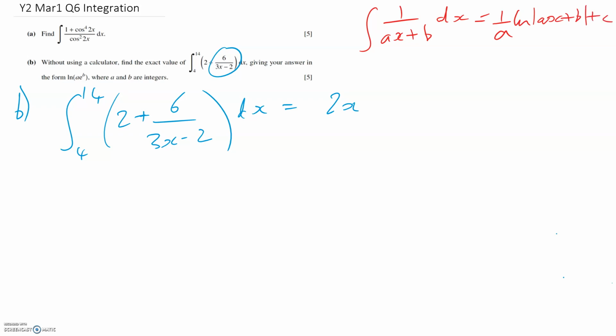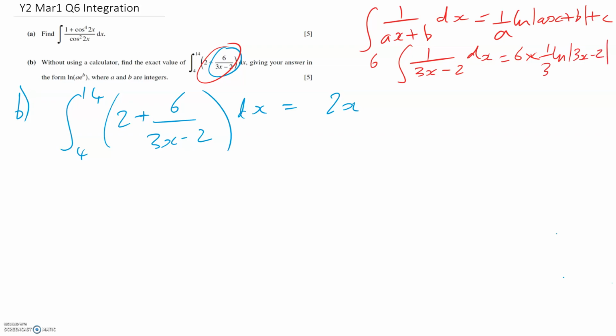You might just want to learn that formula. It's up to you. So in this case, if we take the 6 out, it's 6 times the integral of 1 over 3x minus 2 dx, which is 6 times by 1 over 3 ln 3x minus 2.